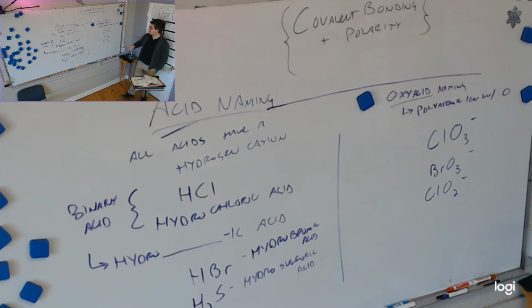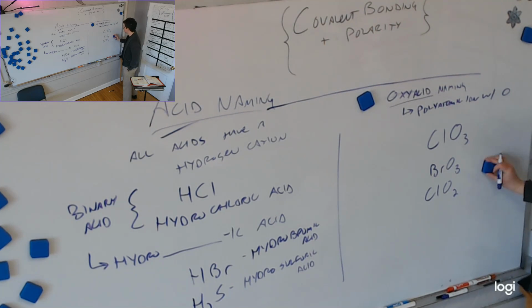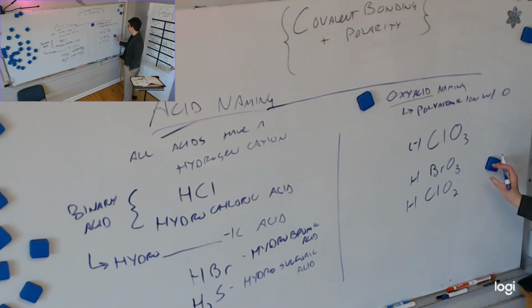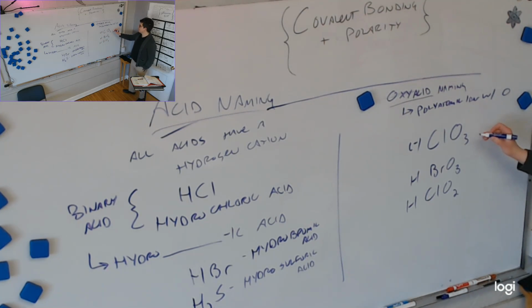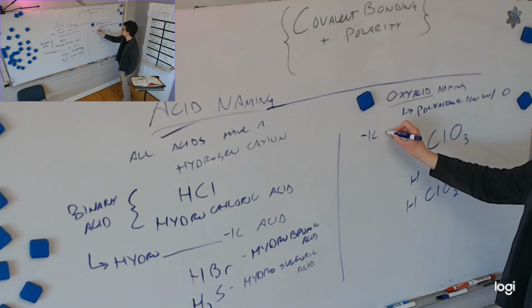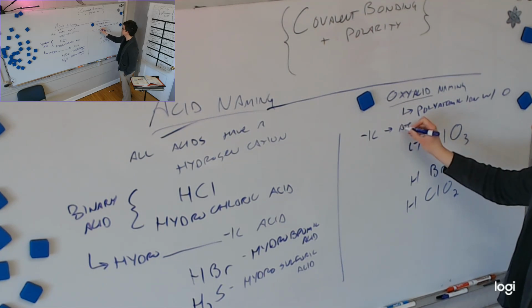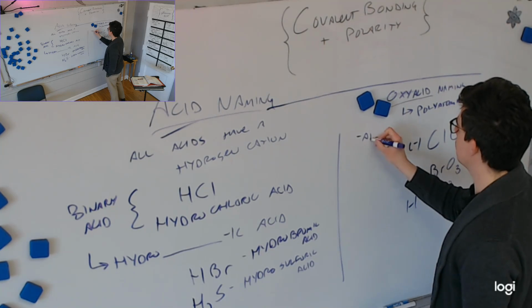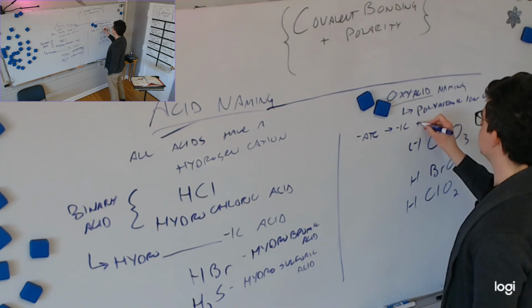What we do when it's an oxyacid is, for instance, if instead of these things we had HClO3 and HBrO3 and HClO2, we would change the ate to ic. I'm sorry, it's the other way around, forgive me. Ate changes to ic and we add acid.